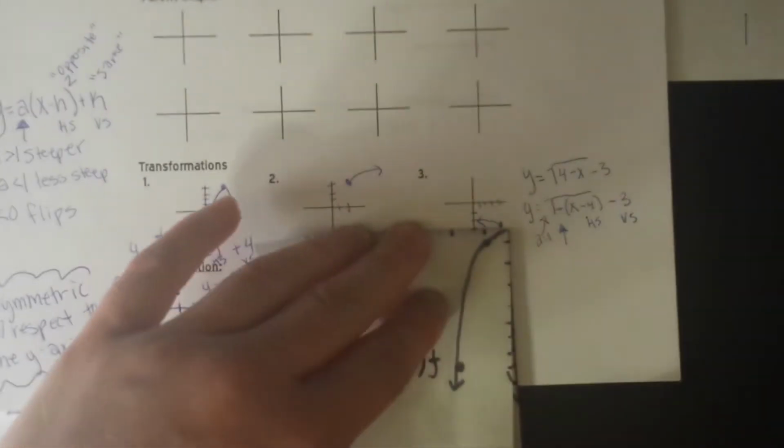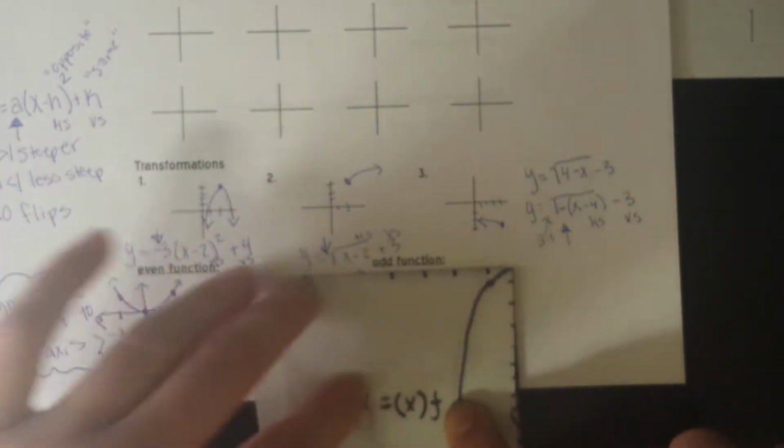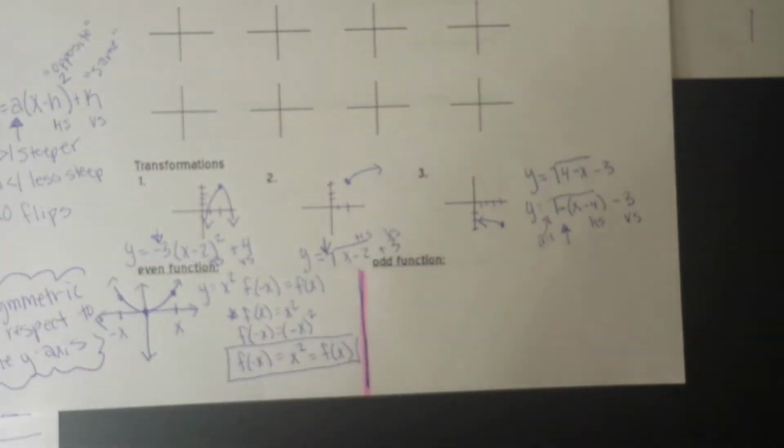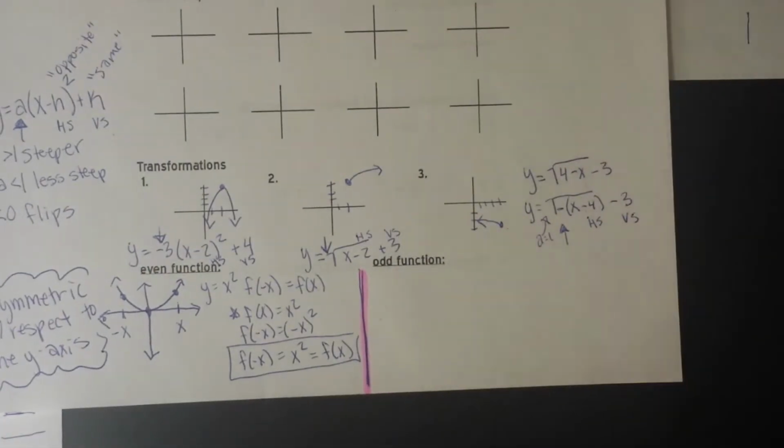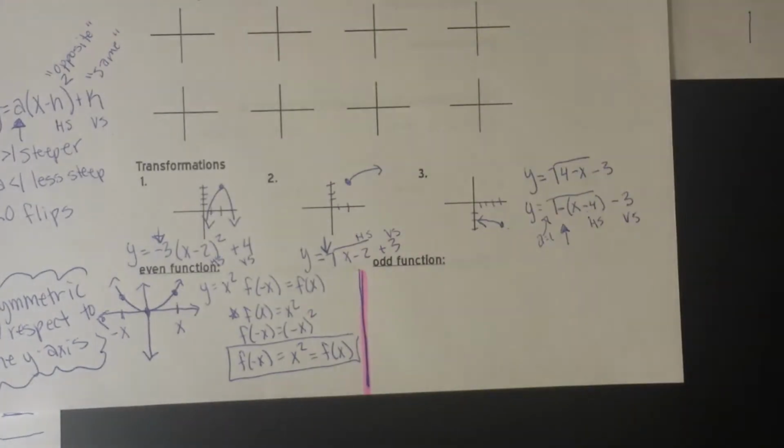Because odd functions take two folds, one about the y-axis and the other one down about the x-axis, and you can see that happen. It's going to pair up right here with the curve down. So odd functions take two folds, about the y-axis and about the x-axis.